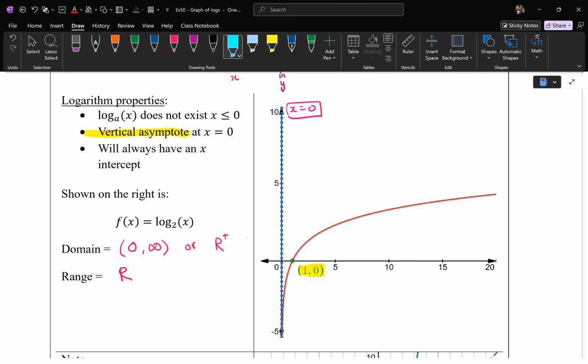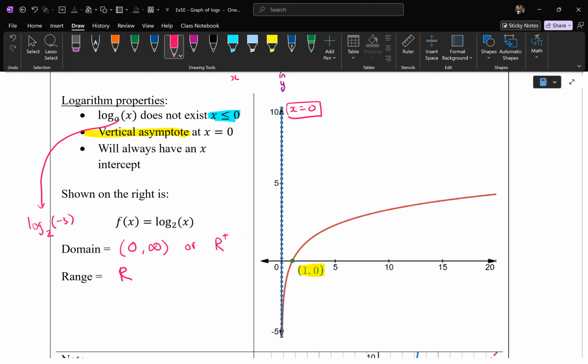One other thing to note, log graphs do not exist when x is less than 0. Why? What I'm saying here is I can't do log base 2 of negative 3. I'll do 2 just to make it easier.